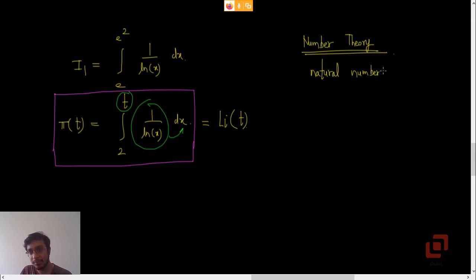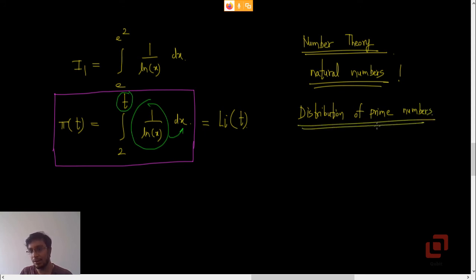And one of the hot topics in number theory is the distribution of prime numbers. All of you know what prime numbers are, right? Those which have only the number itself and one as their factors.